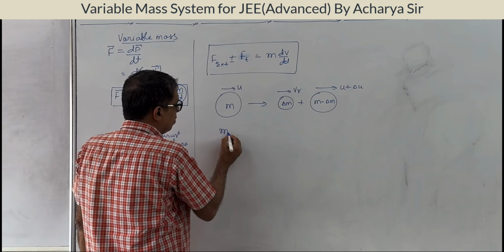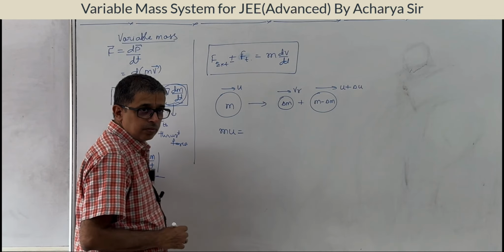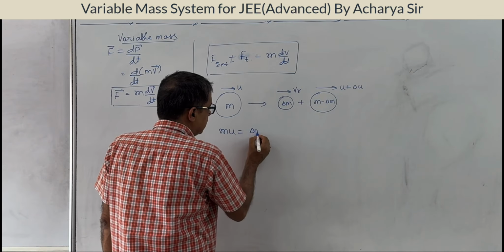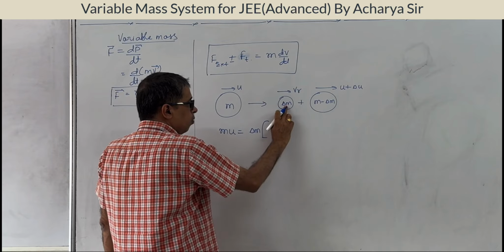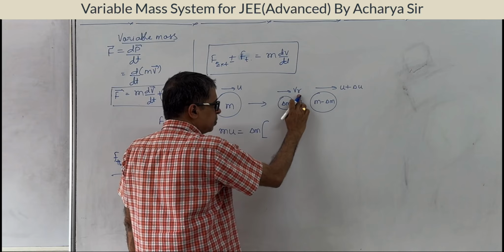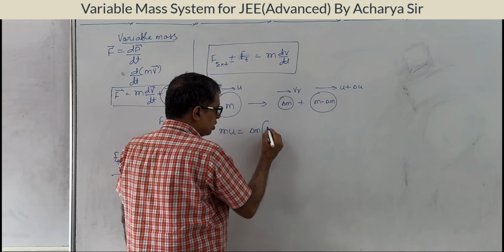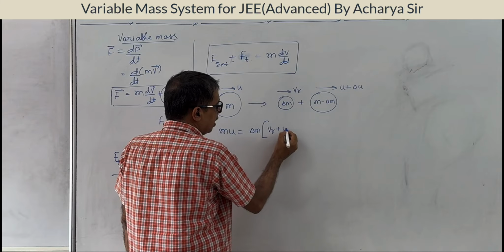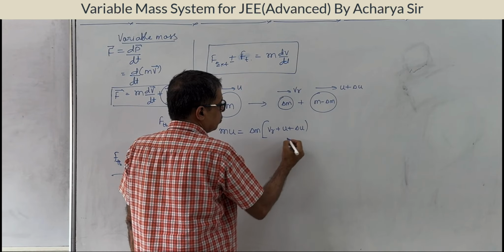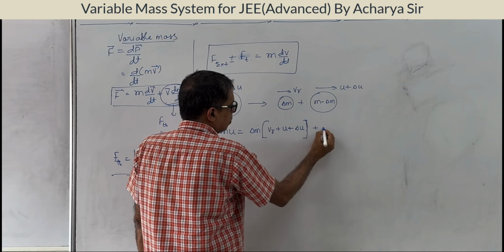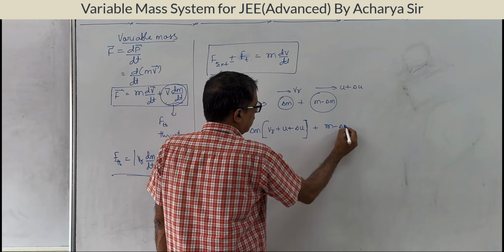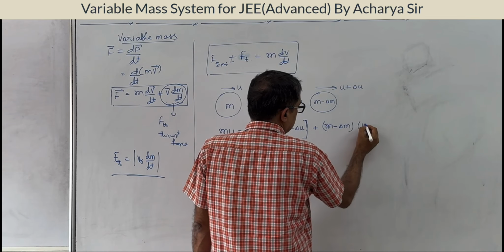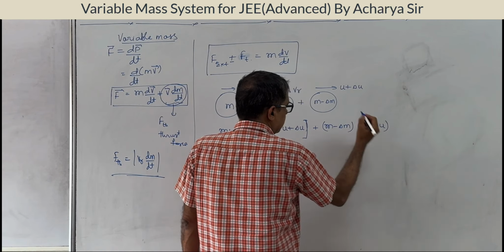This will be mu, equal to delta m into the velocity of the ejected mass, which with respect to ground is Vr plus u plus delta u, plus m minus delta m into u plus delta u.